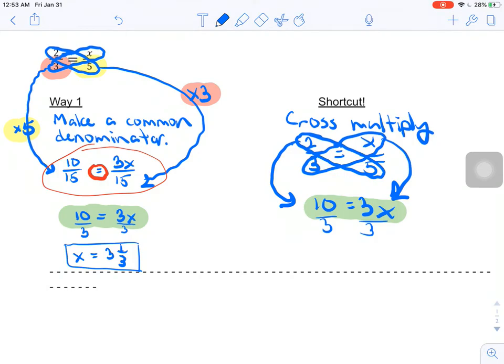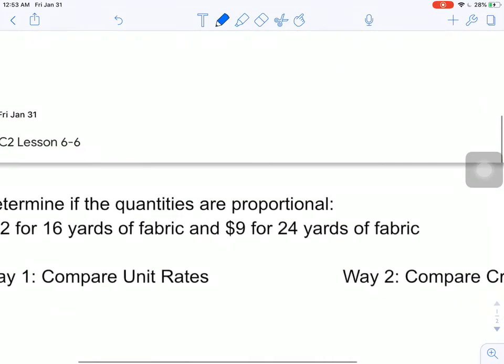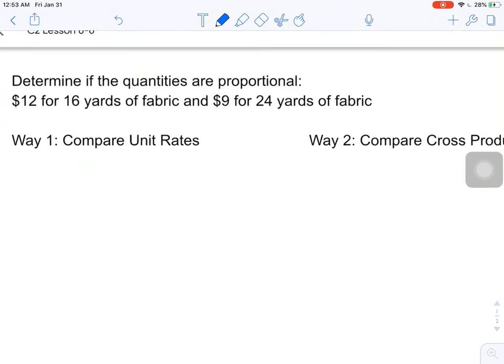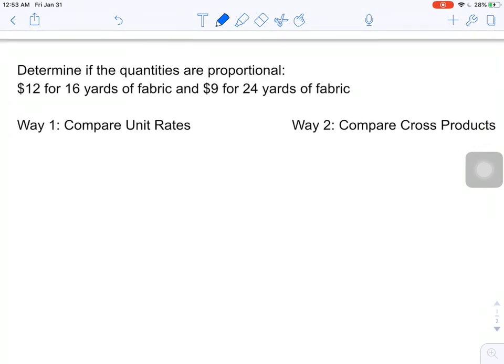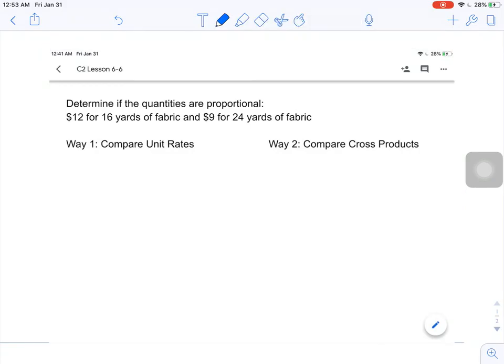Another thing you should be able to do is use what we know about proportions to decide if things are what we call proportional. So if they're proportional, we said that the ratios should be equivalent, or when we simplify them, they should have the same value. So we're going to look at an example of how to test that, what that looks like. So this is an example problem.